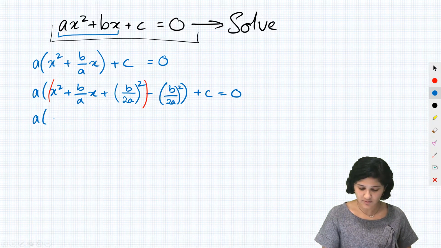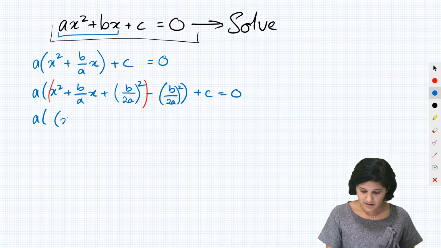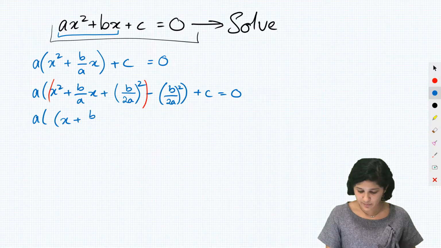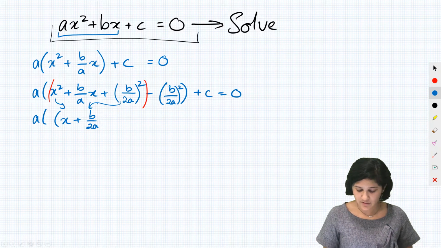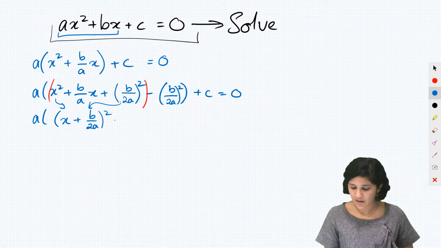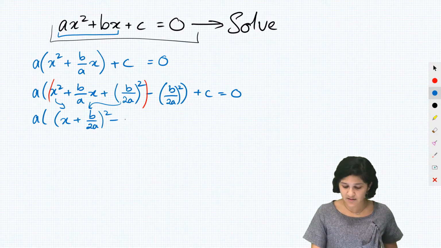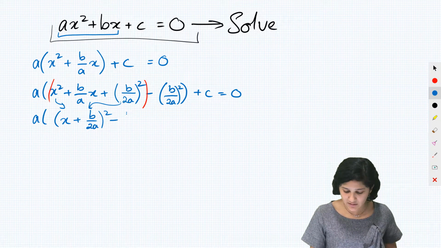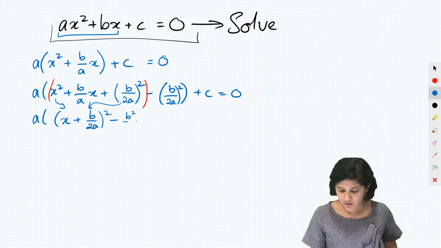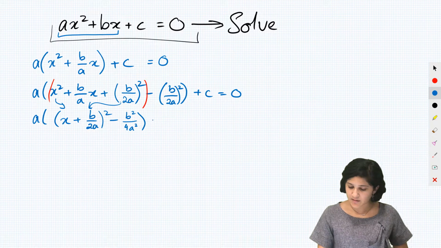Now, I can go ahead and collapse that into x plus b over 2a, so the square root of this, and the square root of this squared minus this whole thing. Now instead of just writing that again to save myself some space, I'm going to expand those brackets. So that's b squared over 4a squared, 2 squared a squared, and plus c.